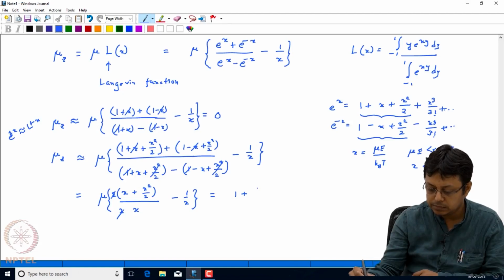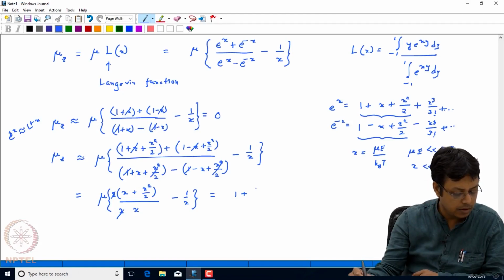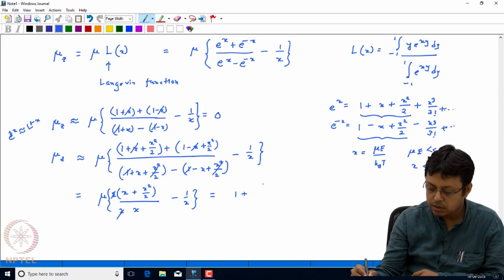plus x square by 2 in the denominator, and then I'll have x square by x by 2 minus 1 minus x, and then you can show that you can actually work it out.